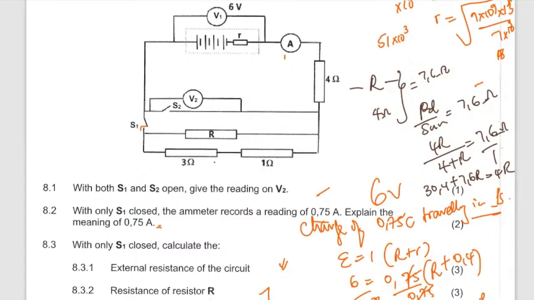Why am I getting something different? Is it going to make sense? 7.6 minus 4 is 3.6. 30 divided by the answer, you get 8 of something, which doesn't make sense.